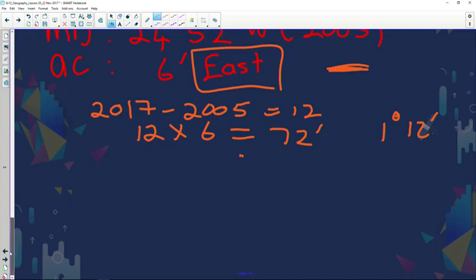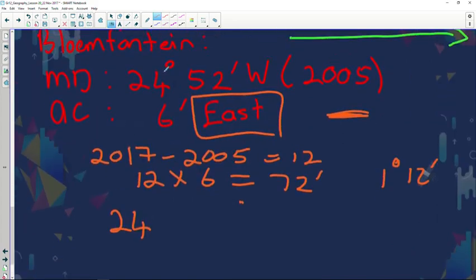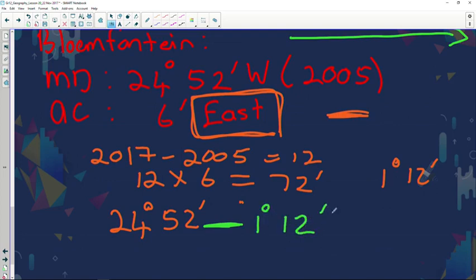Now very importantly, we take the magnetic declination for the map, that was 24 degrees, 52 minutes, and because it moved east, we're going to subtract 1 degree and 12 minutes, because the annual change moved in an easterly direction.